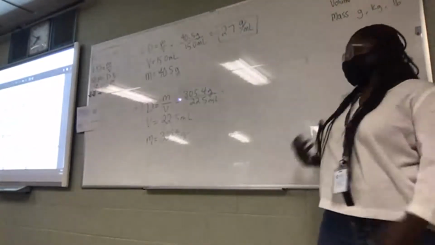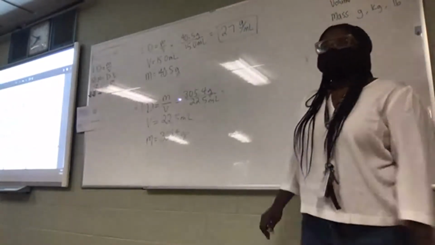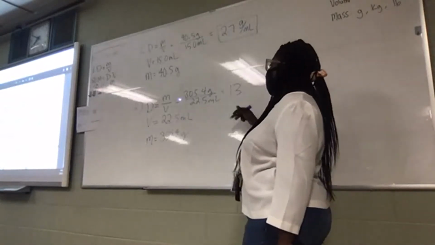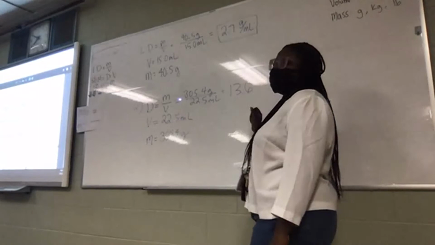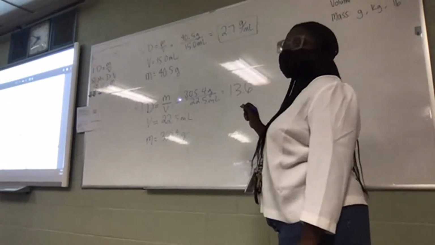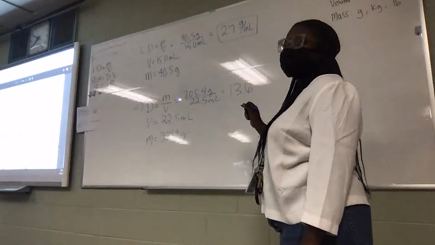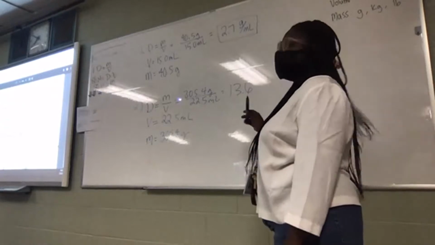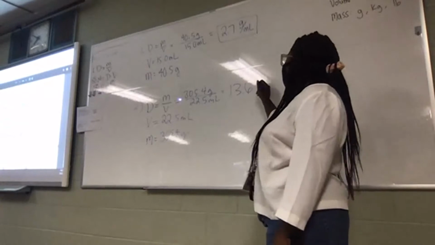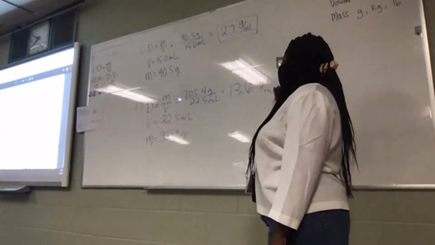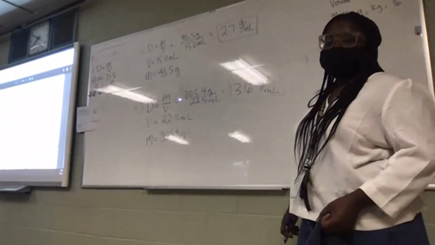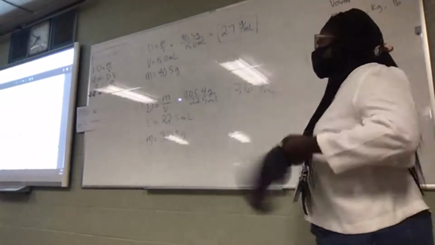Anybody else get an answer? You should have gotten something like 13, and we're rounding to 1 decimal place, so 13.6-ish. Is that what y'all got? Yeah. 13.57777.8. Good. So we're gonna round that off to 1 decimal place, and it's gonna be 13.6. What are my units? Grams divided by milliliters. Good, team. And box your answer because Miss Stanley don't see work that's not boxed. Answers that are not boxed, rather.